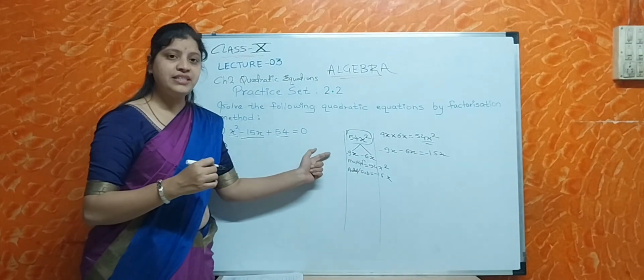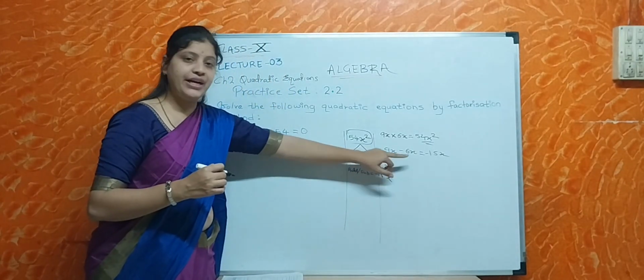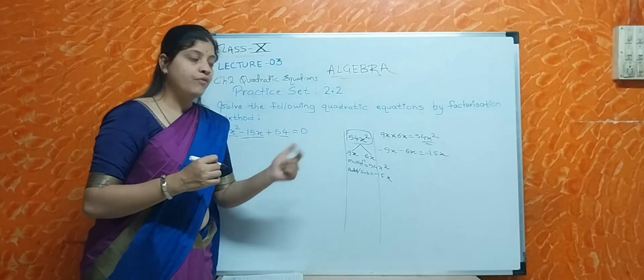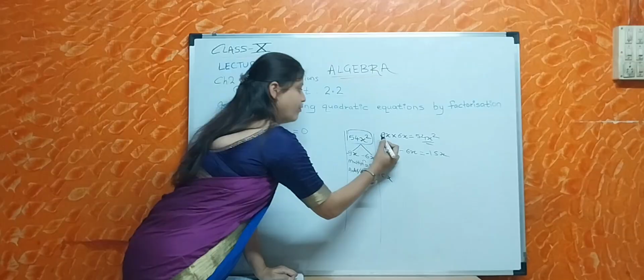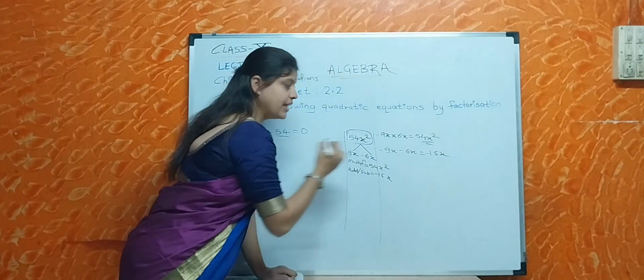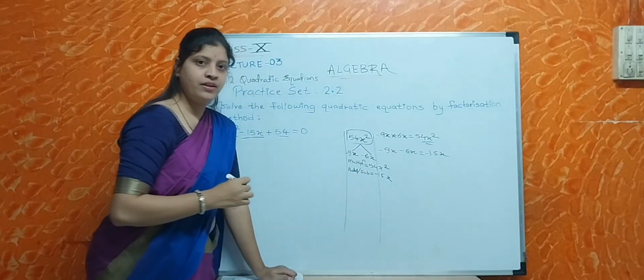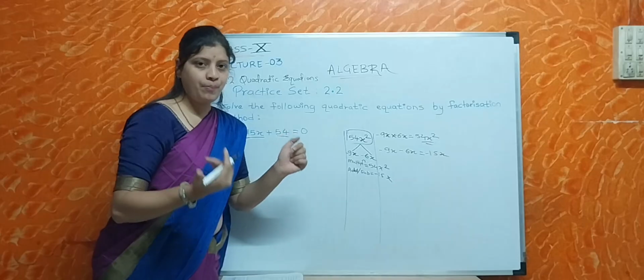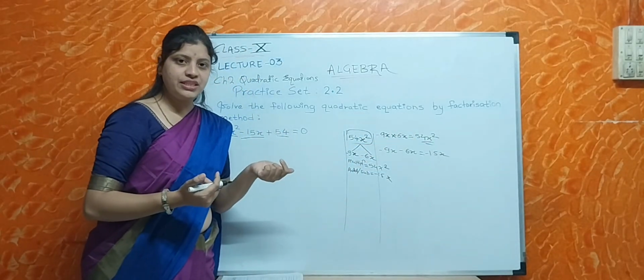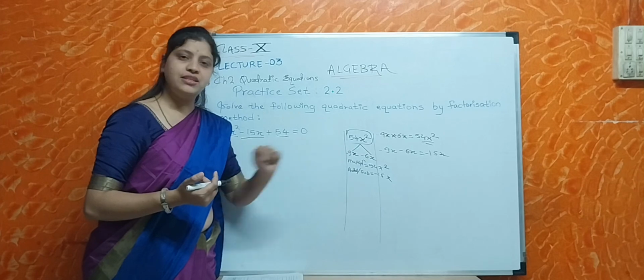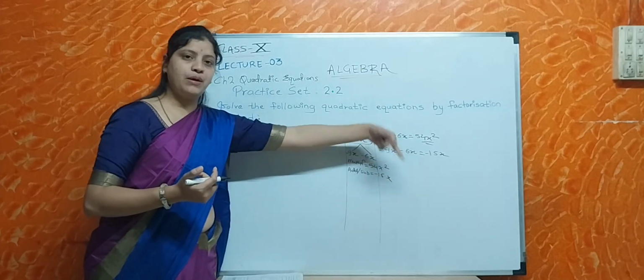Now similarly we will check whether with these negative numbers we get the answer 54x square. The big term is positive. But see, when we take minus 9x into minus 6x, minus minus becomes plus. So the answer is the same. There is no change in the answer even if we have changed the sign, because minus minus becomes plus.